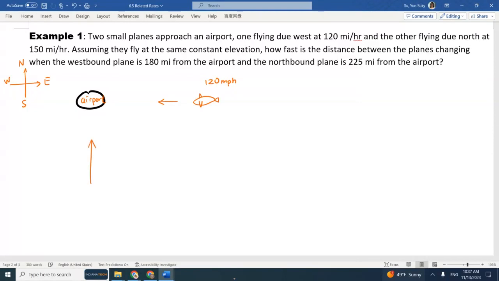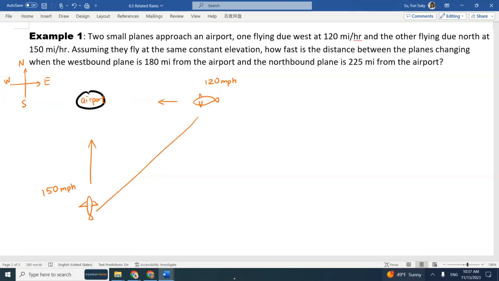Okay, so we have another plane flying due north, and the speed is 150 miles per hour. Assume they fly at the same constant elevation. How fast is the distance between the planes changing?